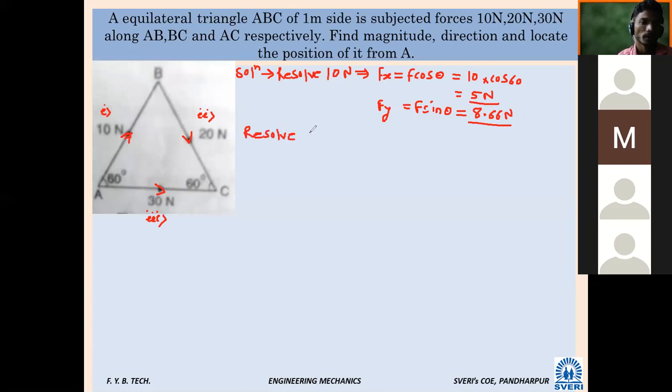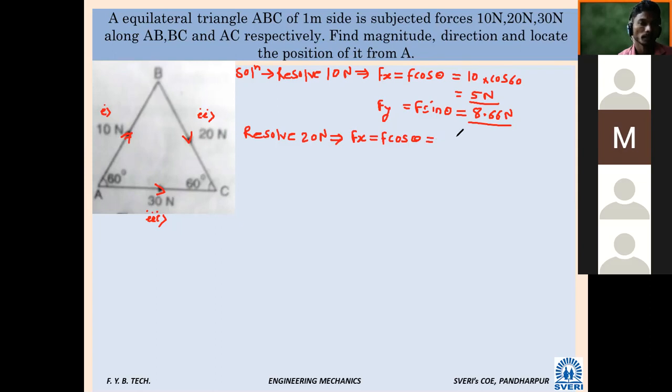Next, which force now will we take? 20 Newton. Tell me its x component. Fx is equal to F cos theta.